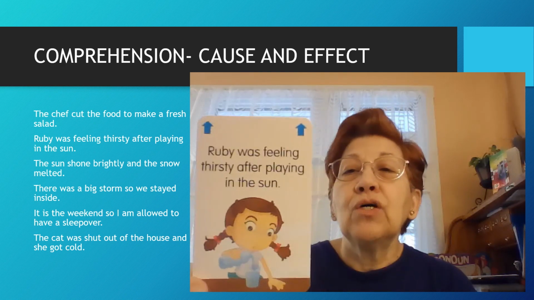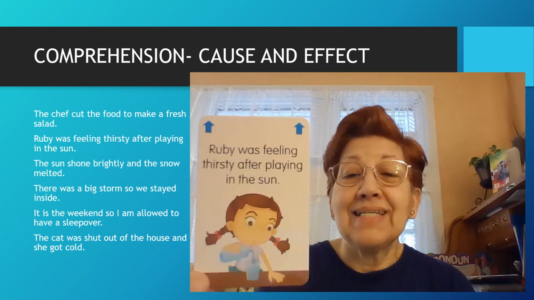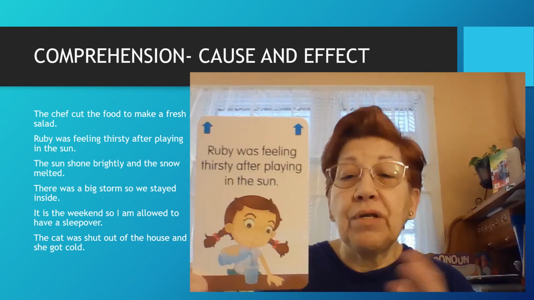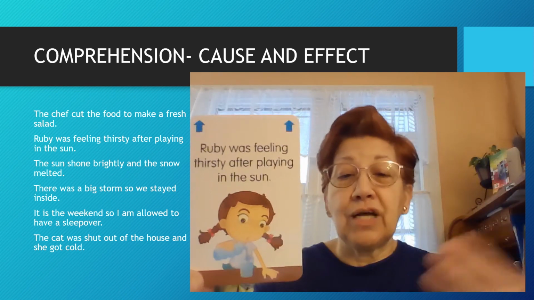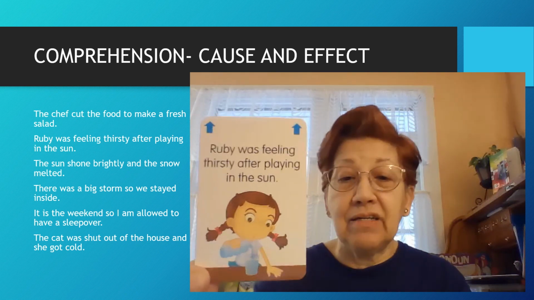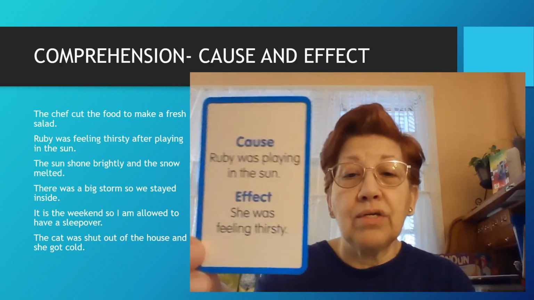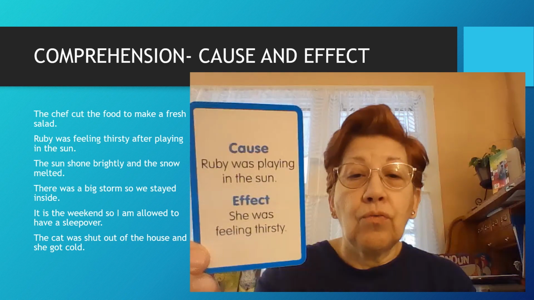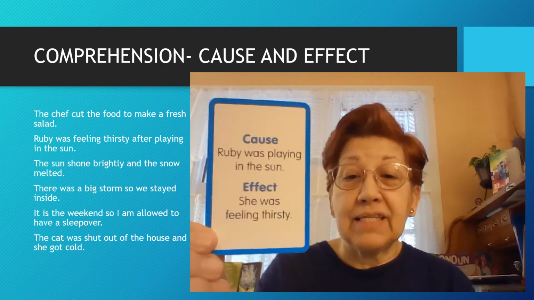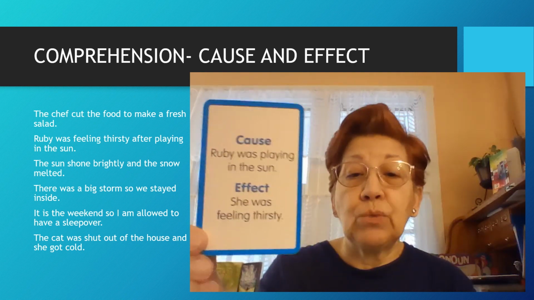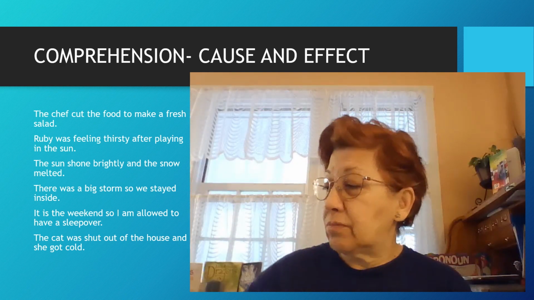Okay, what do I hear? So she was playing in the sun, right? Ruby was playing in the sun. That will be the cause of her feeling thirsty, right? She played in the sun, so now the outcome from this playing in the sun is now she's thirsty, right? There's your cause, right? Ruby was playing in the sun, and the outcome of playing in the sun was she got thirsty. She was thirsty. Okay, you getting this? Good.